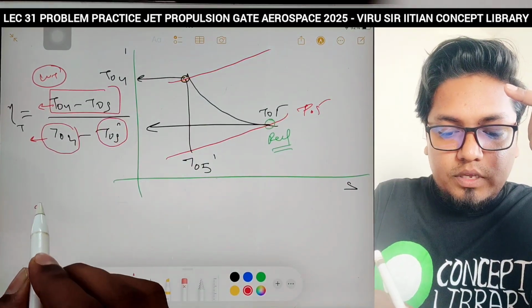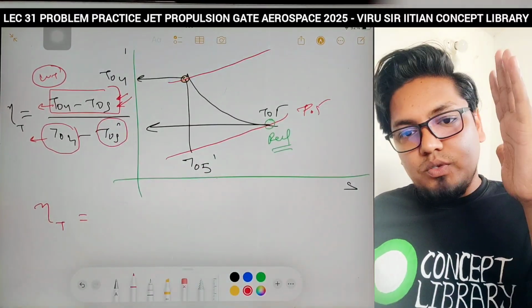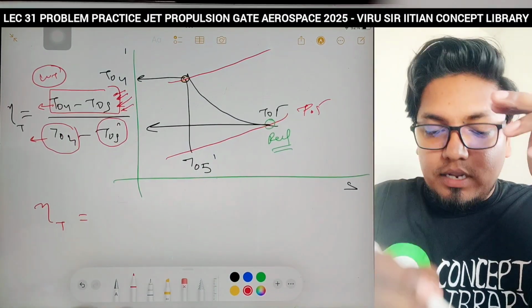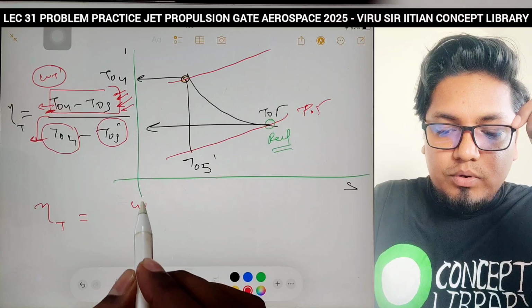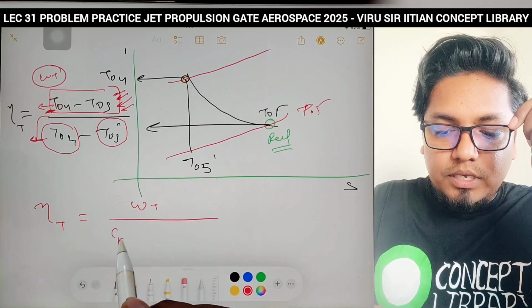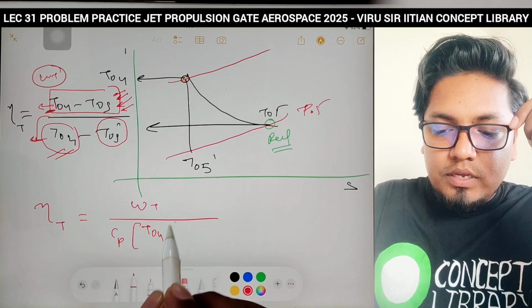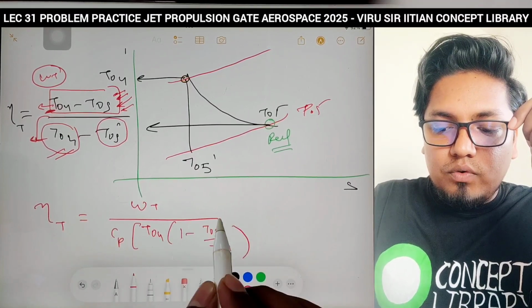You write the efficiency for the turbine in this way: multiply by CP and divide by CP. When you multiply by CP, that becomes the work done for the turbine, and the dividing CP comes below. So I'm writing WT divided by CP, and in the bracket I take T04 common: 1 minus T05 dash divided by T04, right?